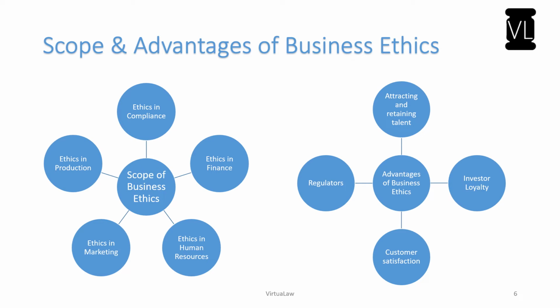And finally, the regulators feel comfortable looking into your business. They feel good that this company is adopting proper ethical practices in its business, and hence their watch on your company is gradually reduced. So this is the concept of business ethics, including its scope and advantages.